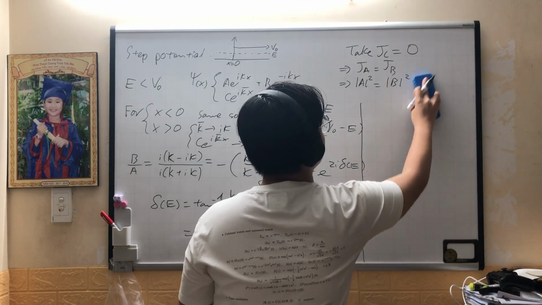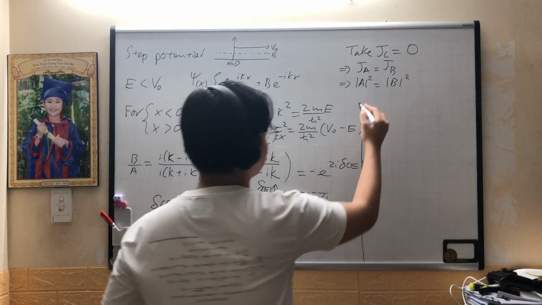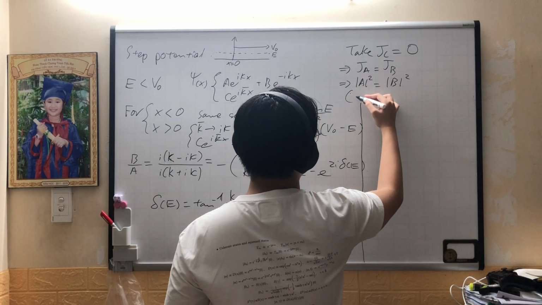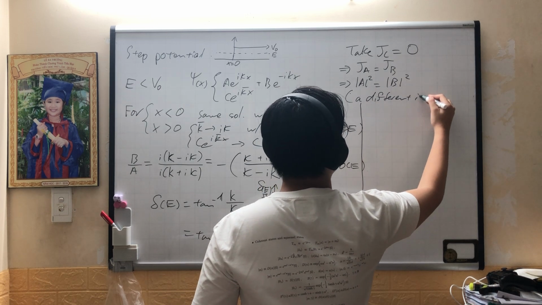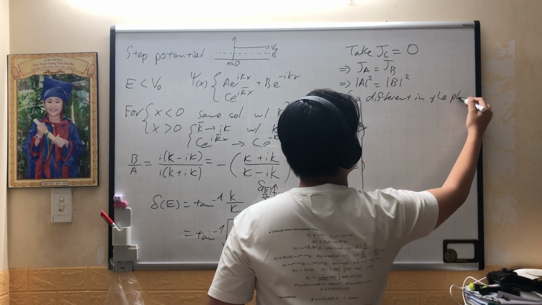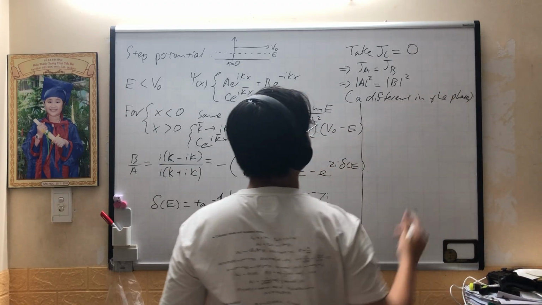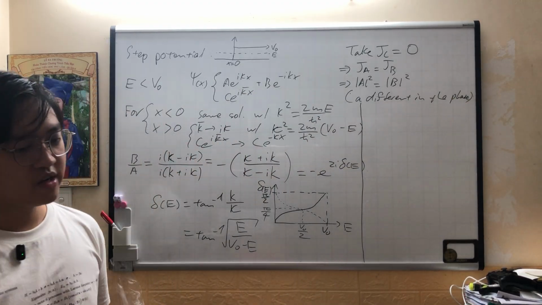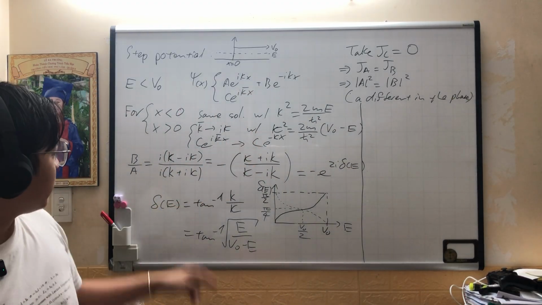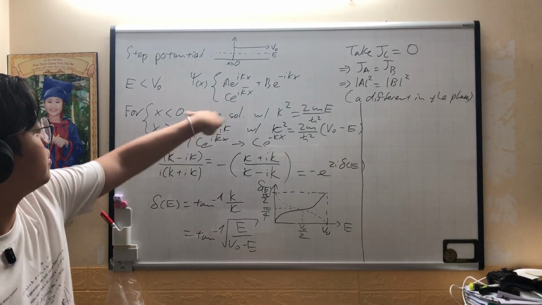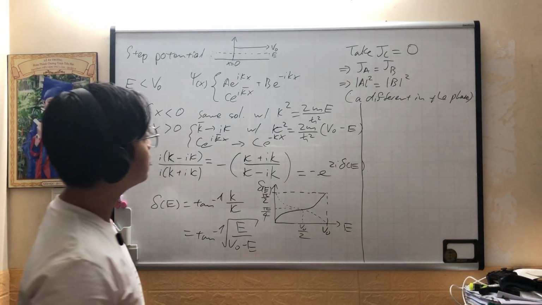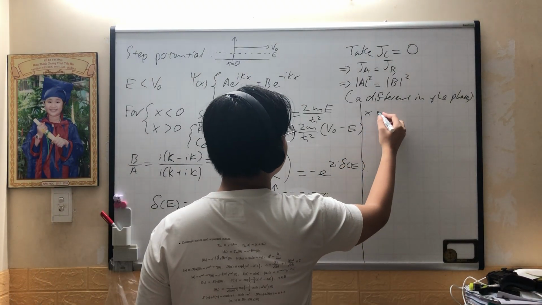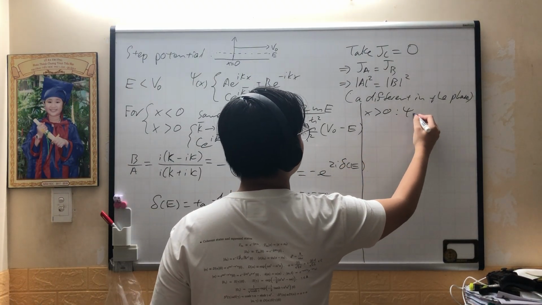So instead of writing that, I would just write in words: a difference in the phase. All right. Now we're going to go back and take a look at our wave function. So let's get the easy one out of the way first.